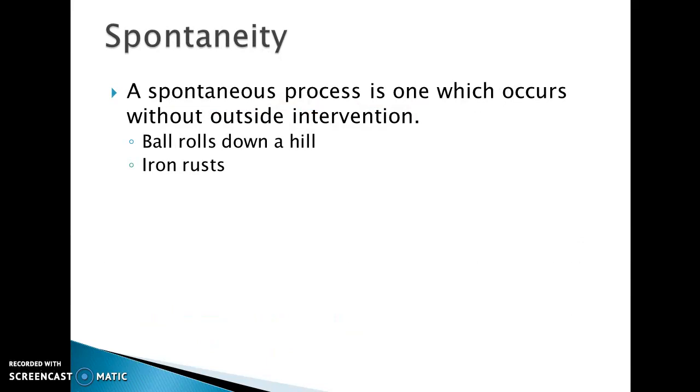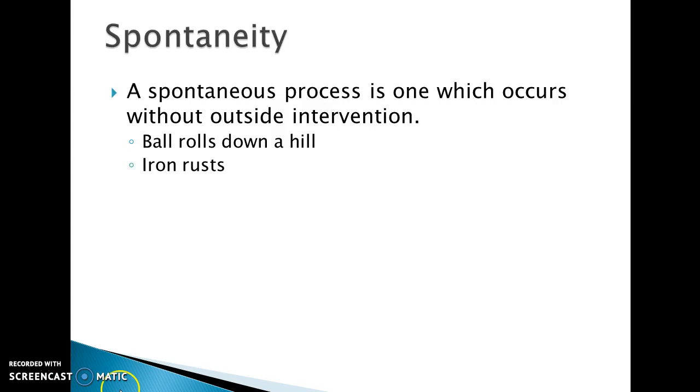When we talk about spontaneity, we mean something that's going to happen without any outside force or outside intervention to make it happen. And every process has a spontaneous direction. For example, balls always roll downhill. They don't roll up by themselves. Iron will rust. It doesn't unrust.